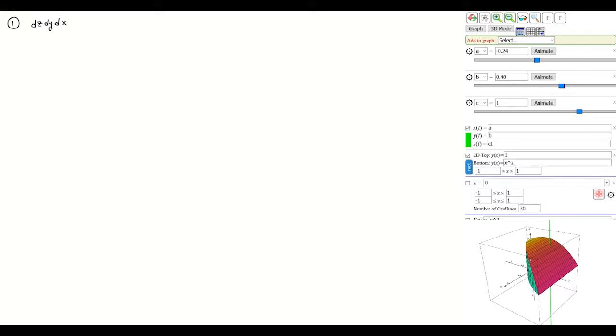So what you do is, since we're doing dz first, this means we're going to let D be the projection, maybe I'll call this D sub xy. Let D sub xy be the projection of our solid region W onto the xy plane.